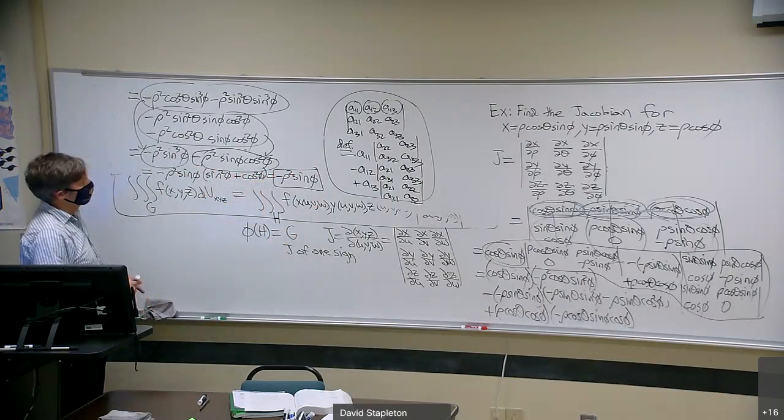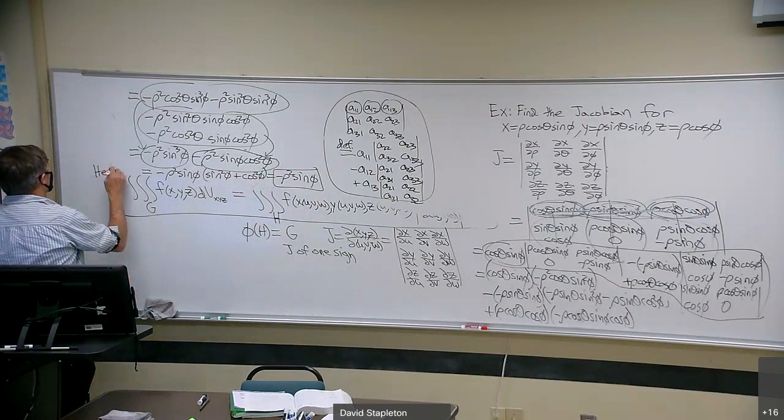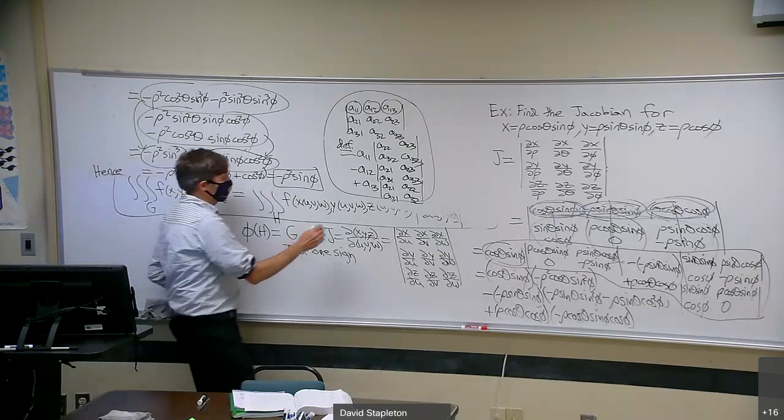is the Jacobian for transformations between rectangular coordinates and spherical coordinates. That should look familiar, right? Hence, this formula we wrote last time, I started to erase it accidentally.